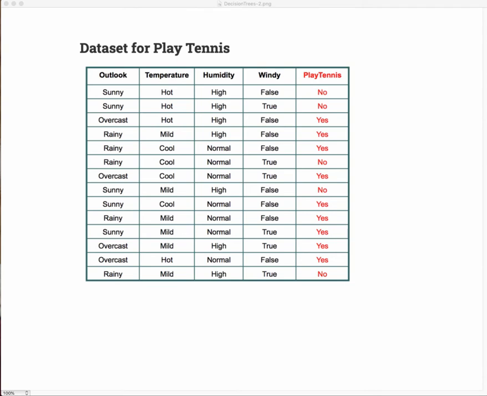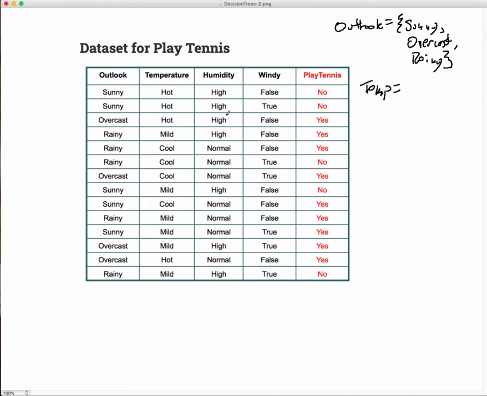There are a few things to note here. First of all, we note that outlook can assume one of three values. It looks like it can be sunny, overcast, or rainy. And we look at temperature, and temperature can be hot, mild, or cool.